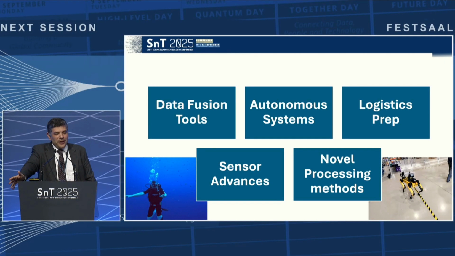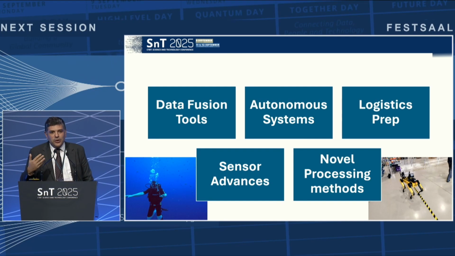There are a lot of new technologies that can address data fusion tools, logistics, sensor advances, novel processing, and autonomous systems. You saw the robotic dog downstairs and how we can use it even for health and safety in areas where we need to be sure that the inspection team can access safely, but also how this could help us to address inspection in differing environments.